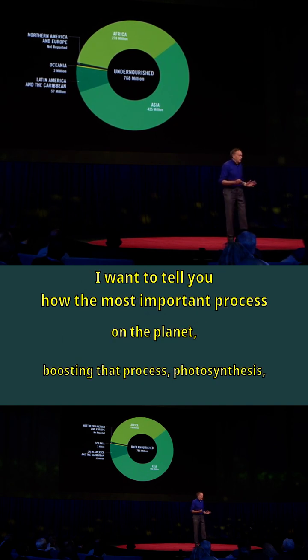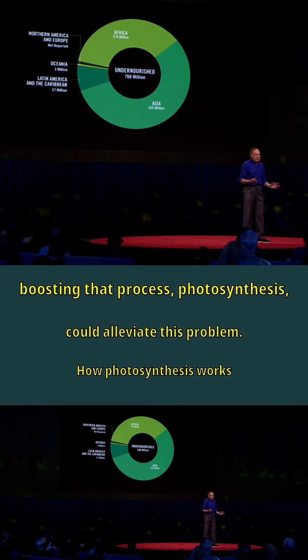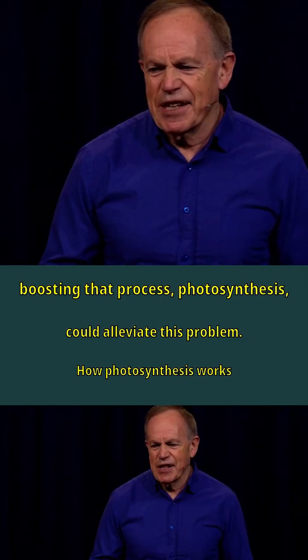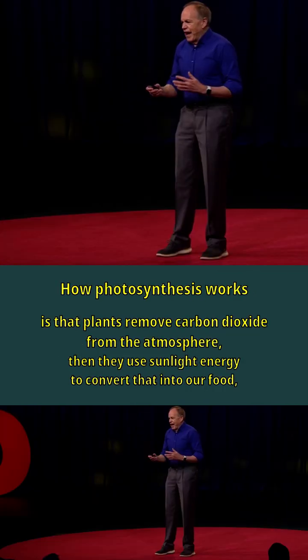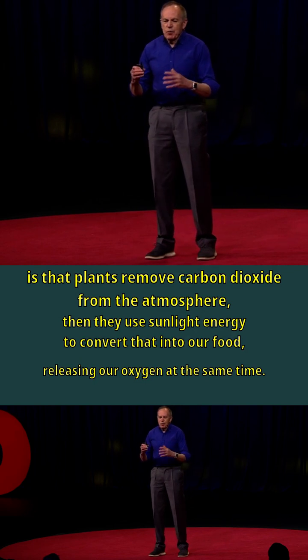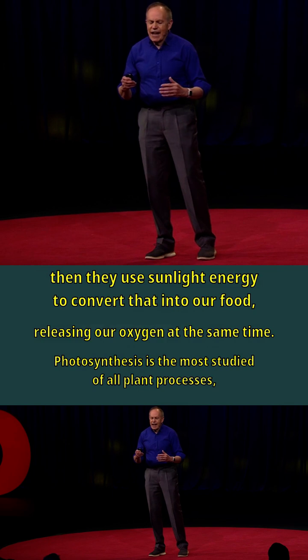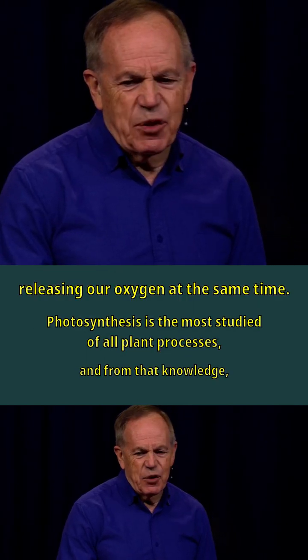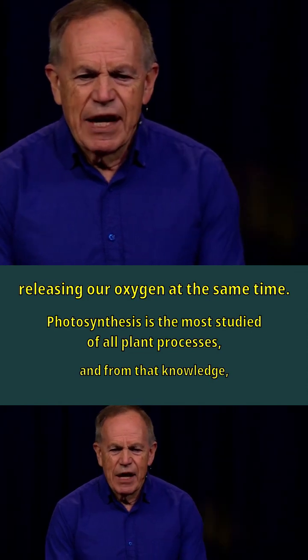I want to tell you how the most important process on the planet, photosynthesis, could alleviate this problem by boosting that process. How photosynthesis works is that plants remove carbon dioxide from the atmosphere, then they use sunlight energy to convert that into our food, releasing our oxygen at the same time.